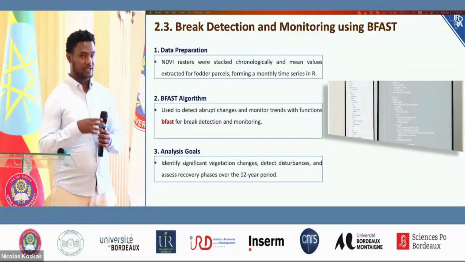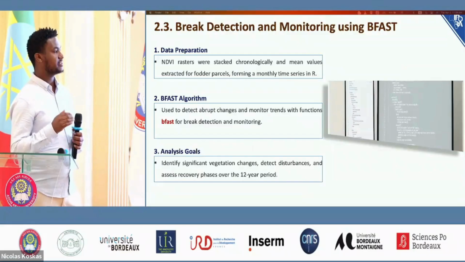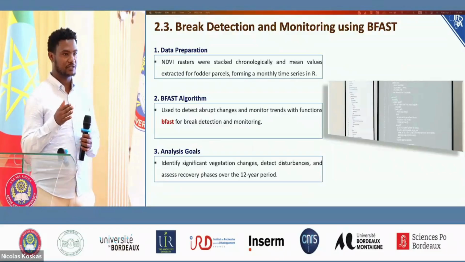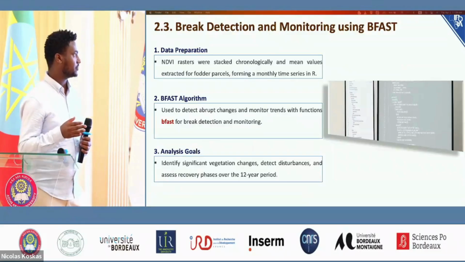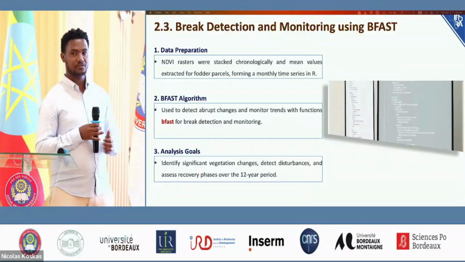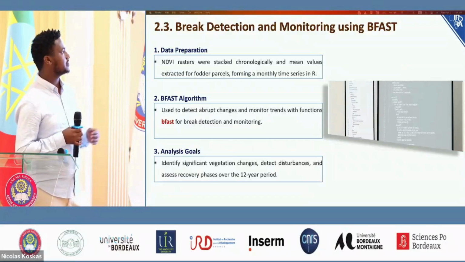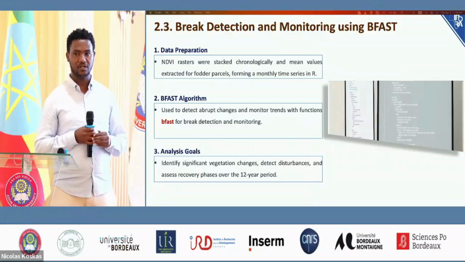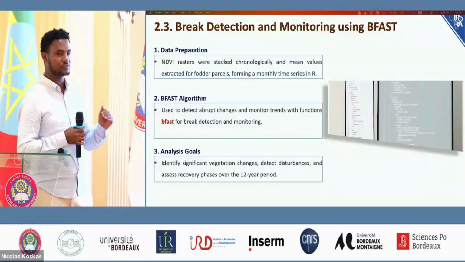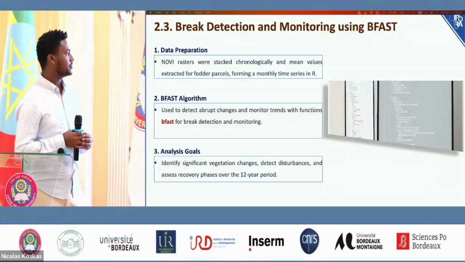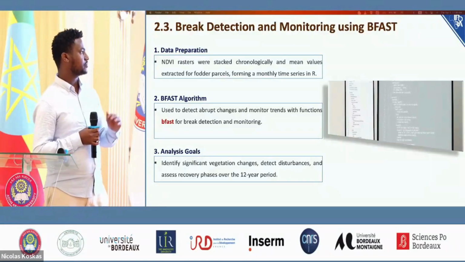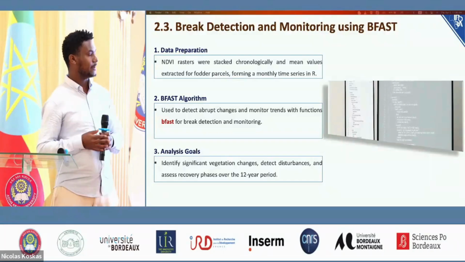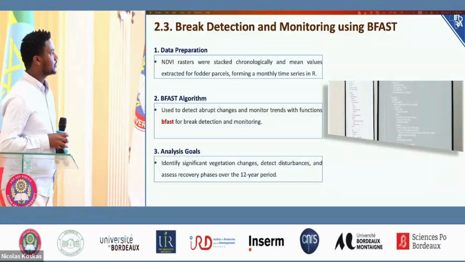The other one, as I explained in the first slide, is that there is recurrent drought in the study area which causes the degradation of rangeland ecosystems. For this, we are going to use the BFAST algorithm, which detects abrupt changes of the normalized difference vegetation index, to see if there is a drought or some breaks related to NDVI.